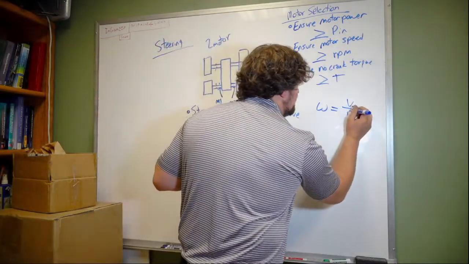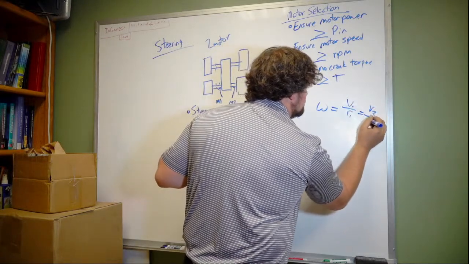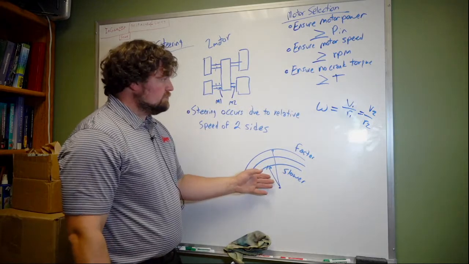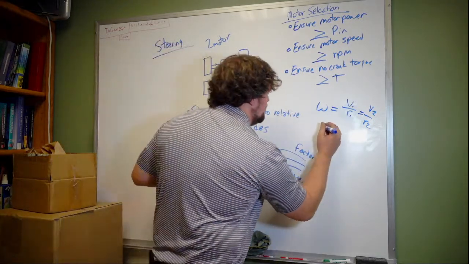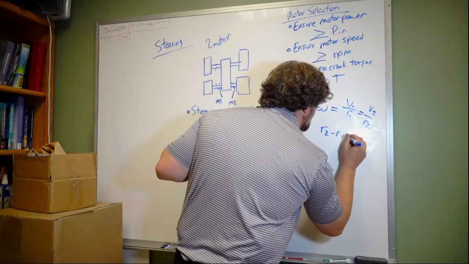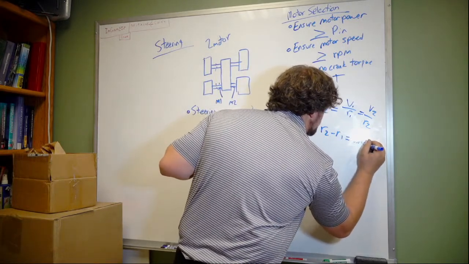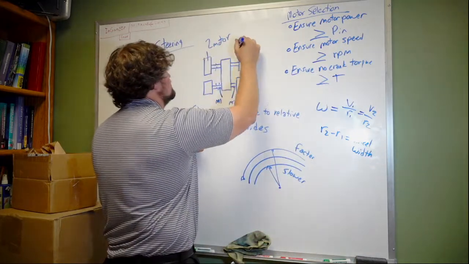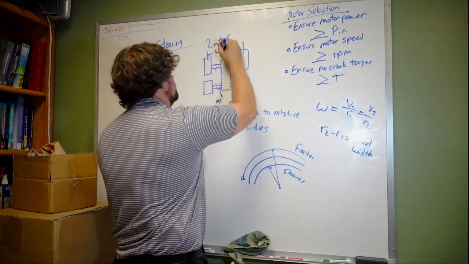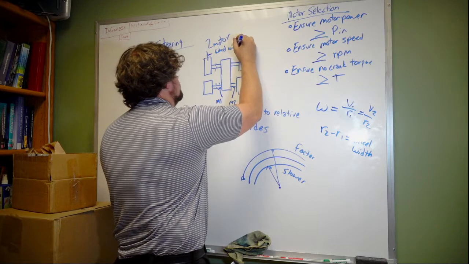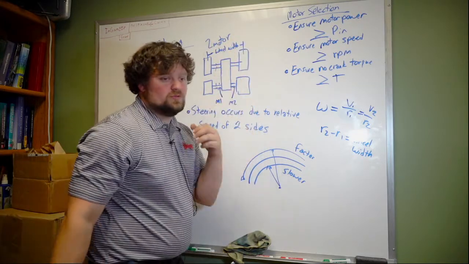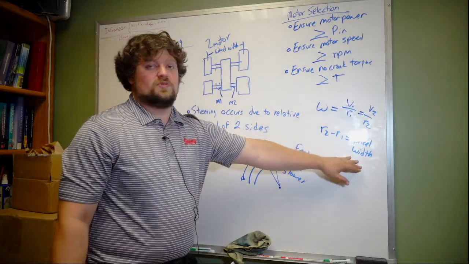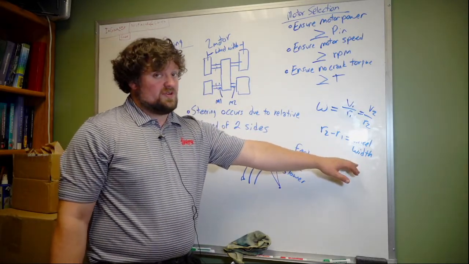So you have V1 over R1 is equal to V2 over R2. Okay, and your R2 minus R1 is going to be equal to your wheel width, which is this distance here between the center lines of your two wheel sets. Okay, so R2 minus R1 is your wheel width. That one you probably have already designed.